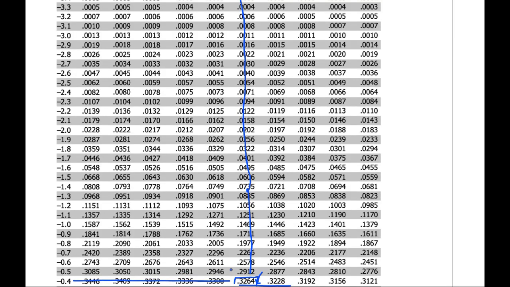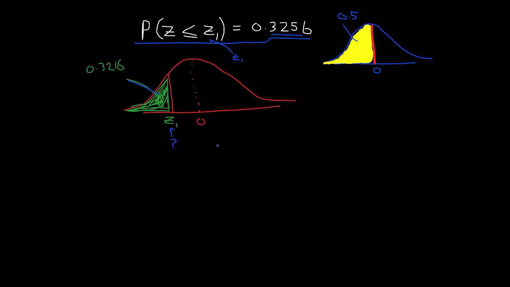So Z1 equals negative 0.45. Yes, it makes sense because 0 is over here, so these numbers should be less than 0, which is negative.